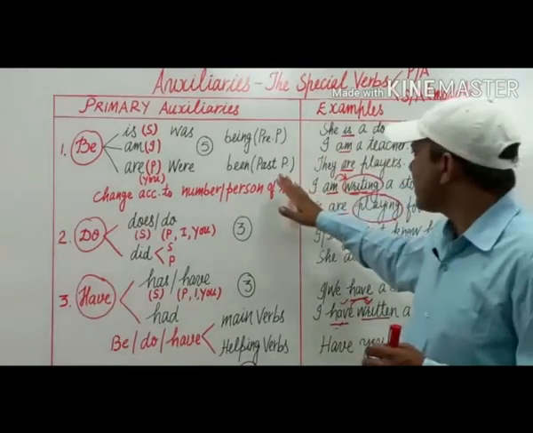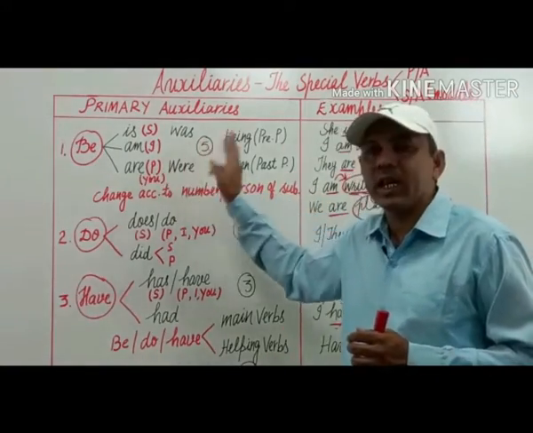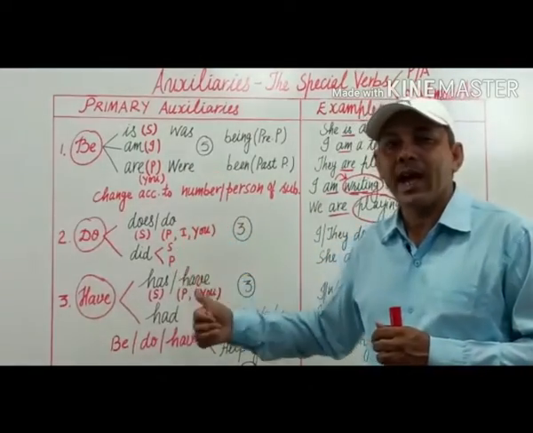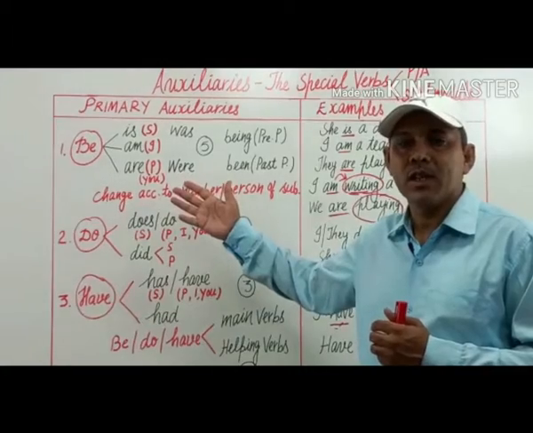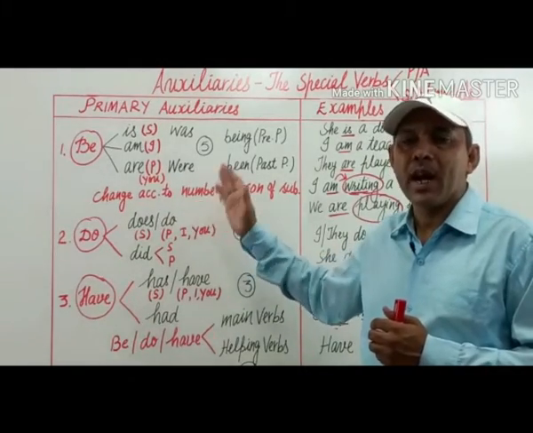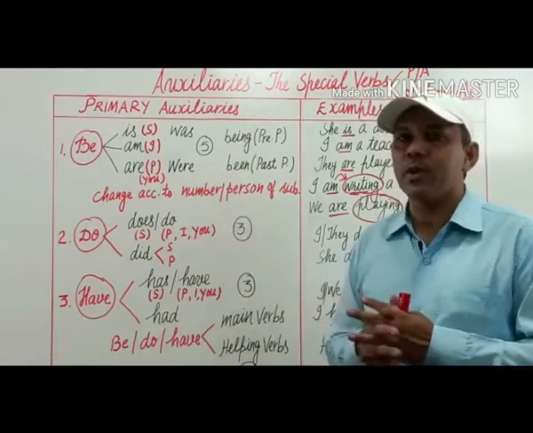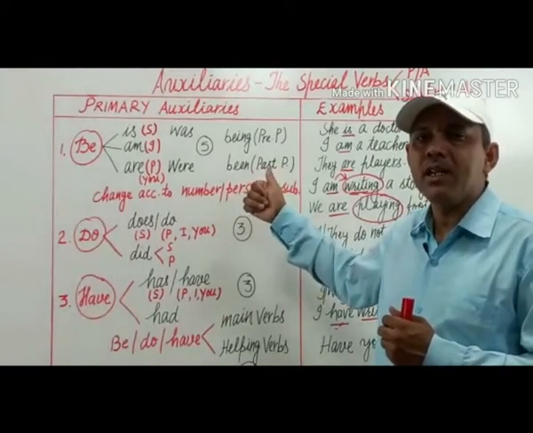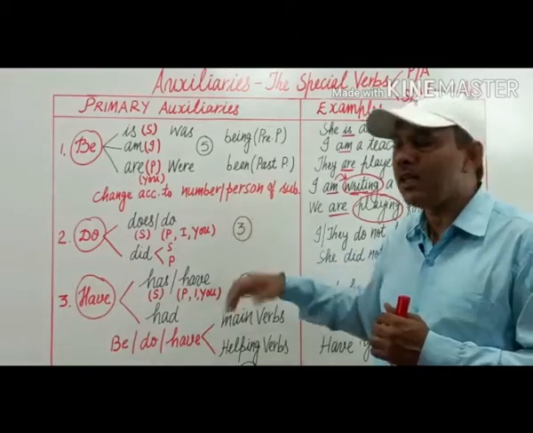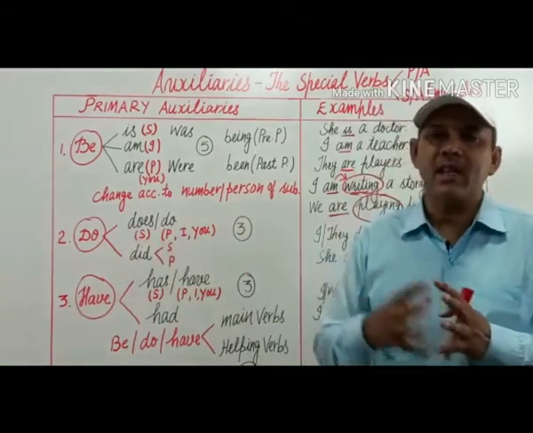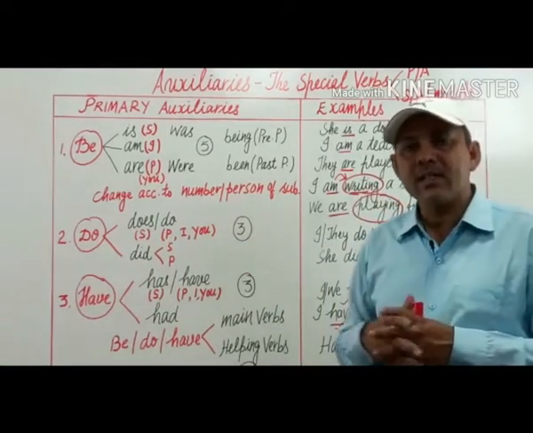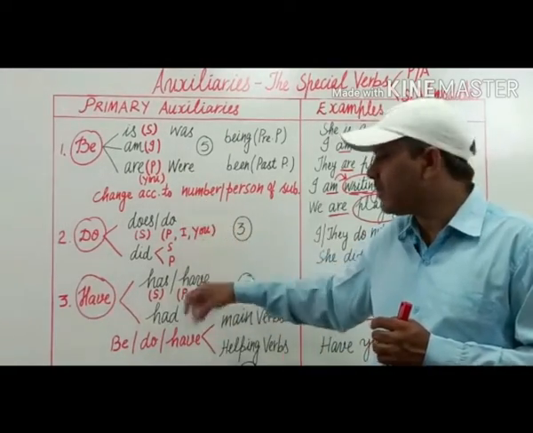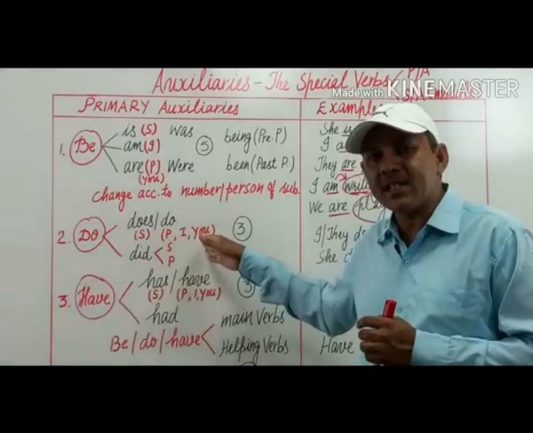Here we have discussed the forms of three primary auxiliaries: be, do, have. Be has 5 forms: is, am, are, was, were, and apart from these 5 forms, it has 2 participles: being as present participle, been as past participle. In case of do, it has 3 forms: do, does, and did, to make sentences negative or interrogative or to emphasize the statements.